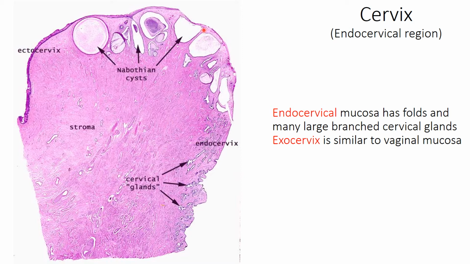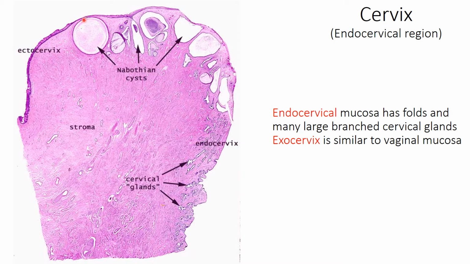Now this is again shown here. This is the endocervix with these folds and lining similar to the uterine cavity, and having these cervical glands, branched mucus glands. So this is the endocervical mucosa, and it also exhibits cystic portions related to the glandular cyst, also known as Nabothian cyst.